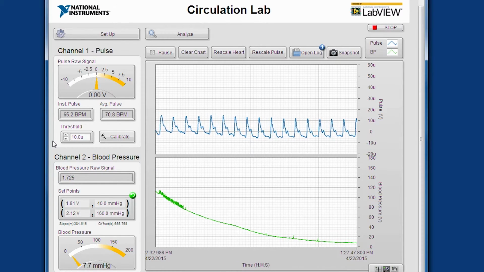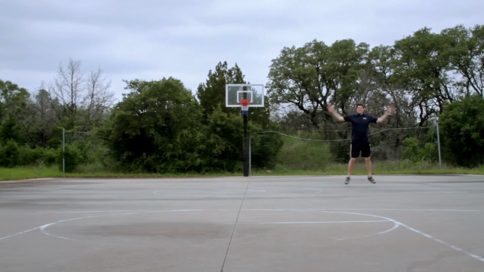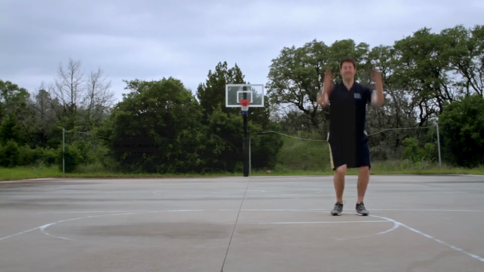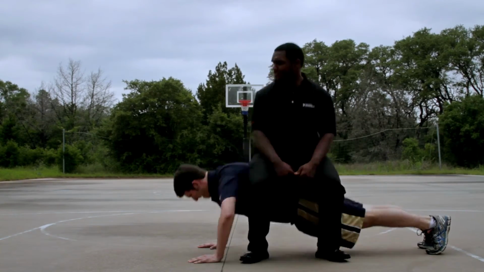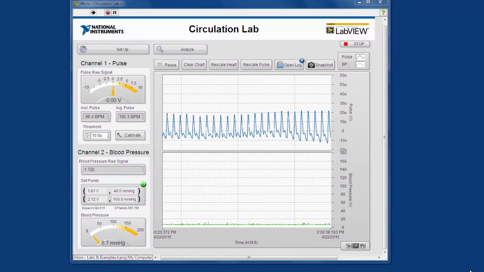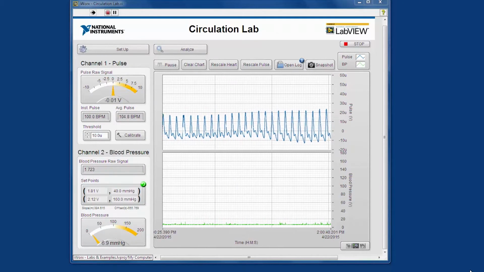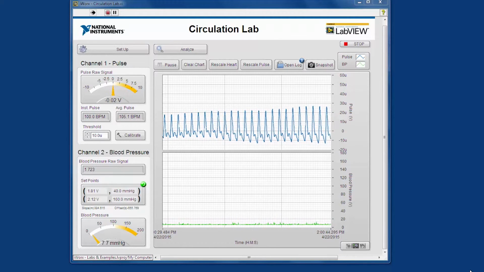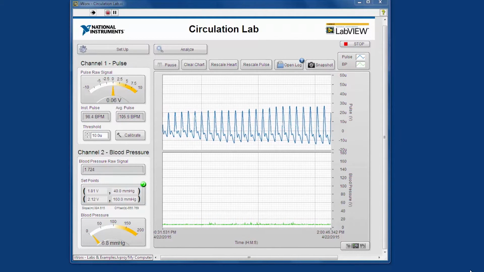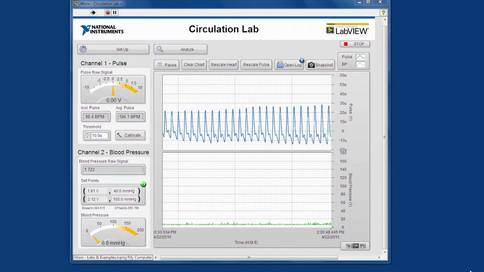So now our test subject is going to go work out, and then we're going to take the same measurements when he gets back. Now that he's back, we're going to go ahead and take the same measurements and make some comparisons. Well, it looks like that pulse is a bit higher than it was before, and he's still alive.